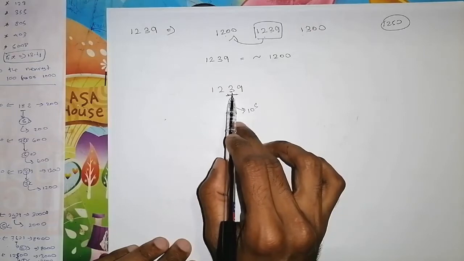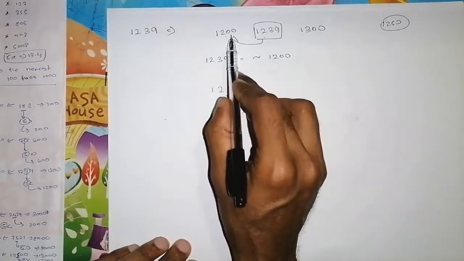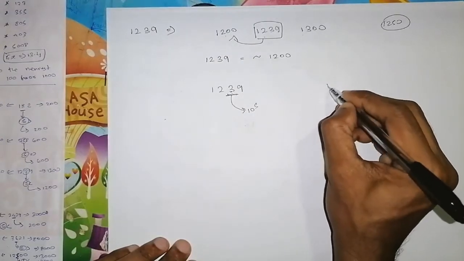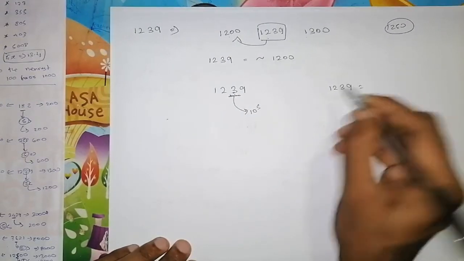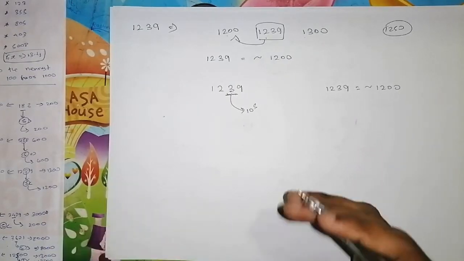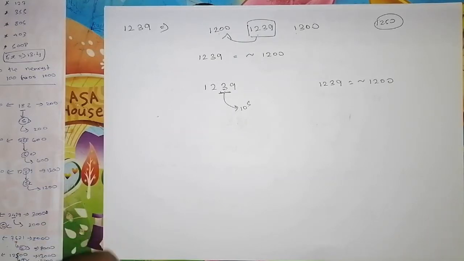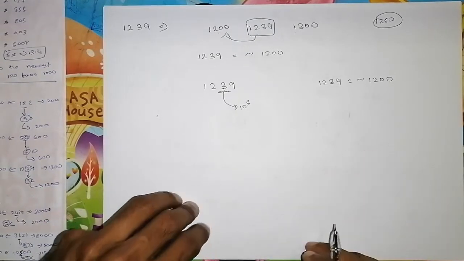If the value is less than 5, you should take the before number. The before number is 1200. In the second method also we have the same answer, approximately 1200. So we discussed two methods. You can take whichever method is easy for you.